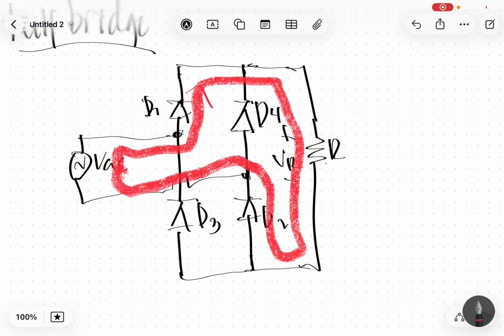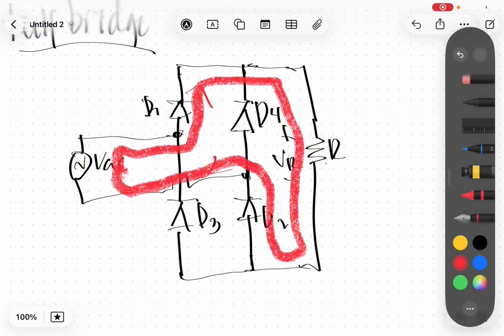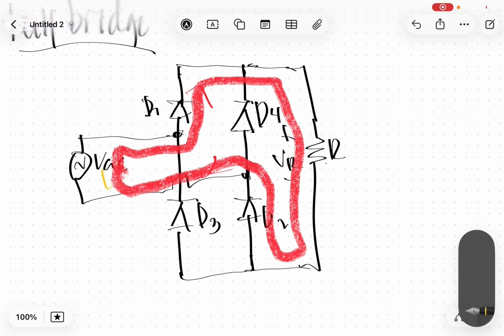So this is the arrow. And then for the negative cycle, from this, it goes to D4, goes to the load, then goes back to D3. Okay.